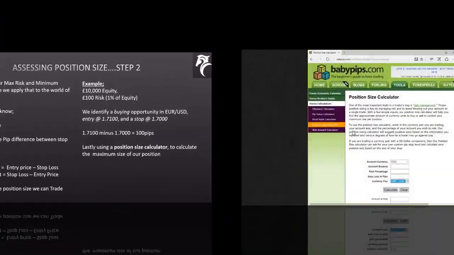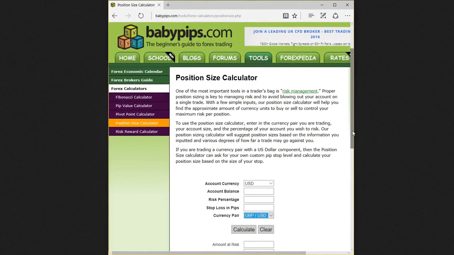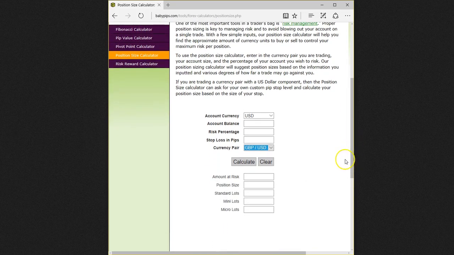So this is the babypips.com website, and on this site there are a number of useful tools we can use to aid us in our foreign exchange trading. One particular example of this is the position size calculator, and with a few values we can find out the maximum position size we can take according to our risk parameters. So I'm just going to scroll down here and, there we are.